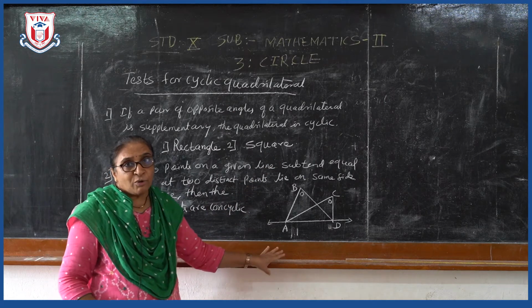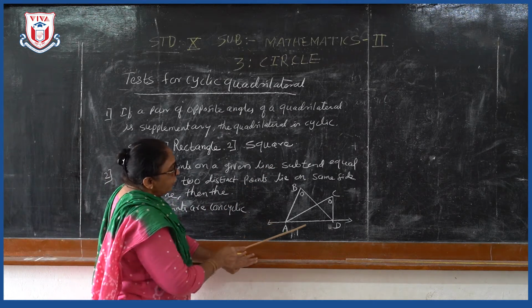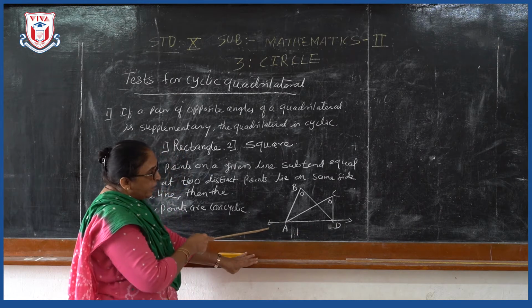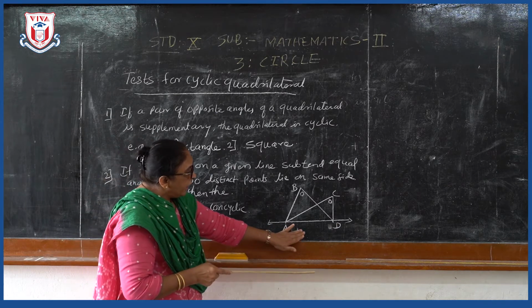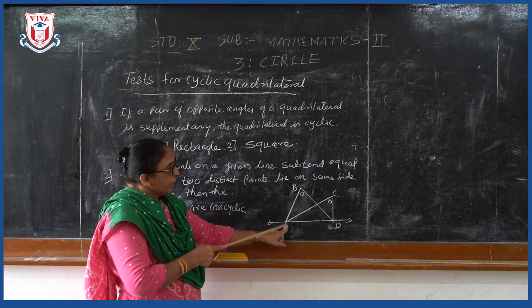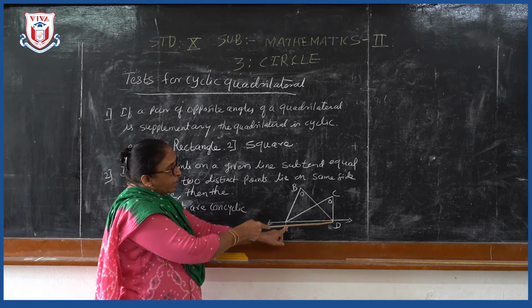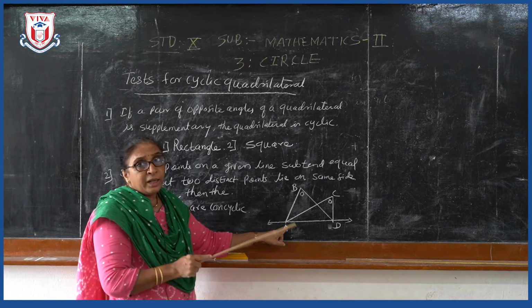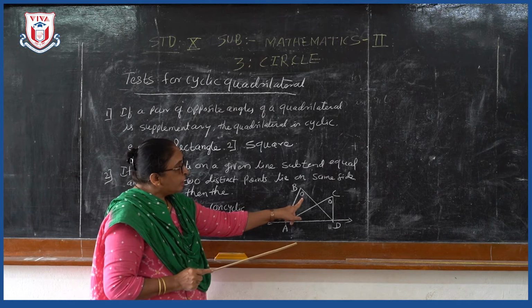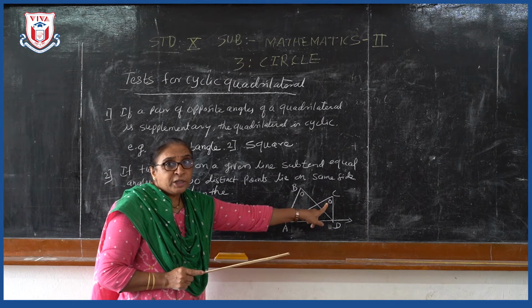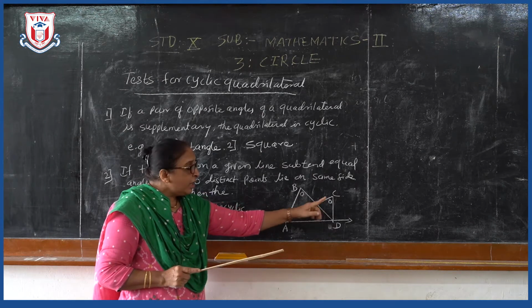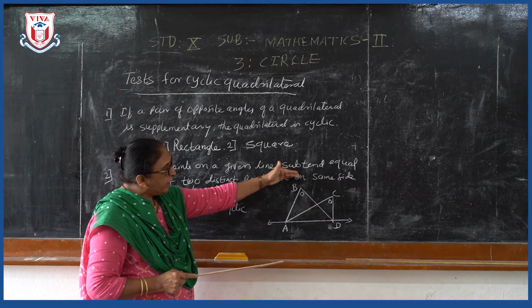Another test is what? If we consider this line AD, now the points A and D are subtending congruent angles at the two distinct points B and C, which are lying on the same side of line AD.